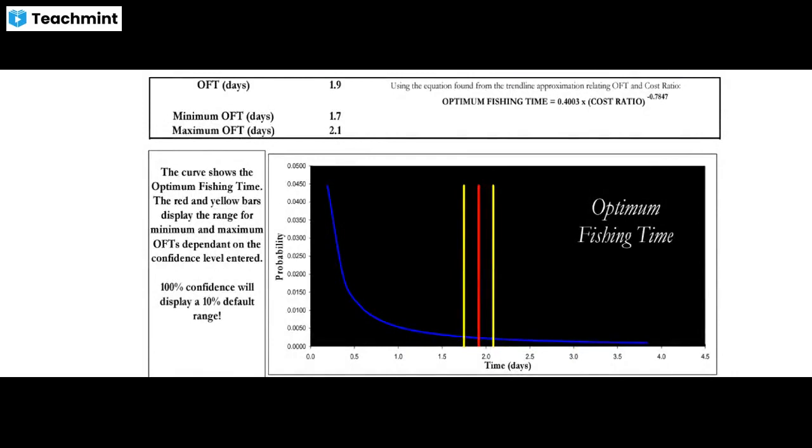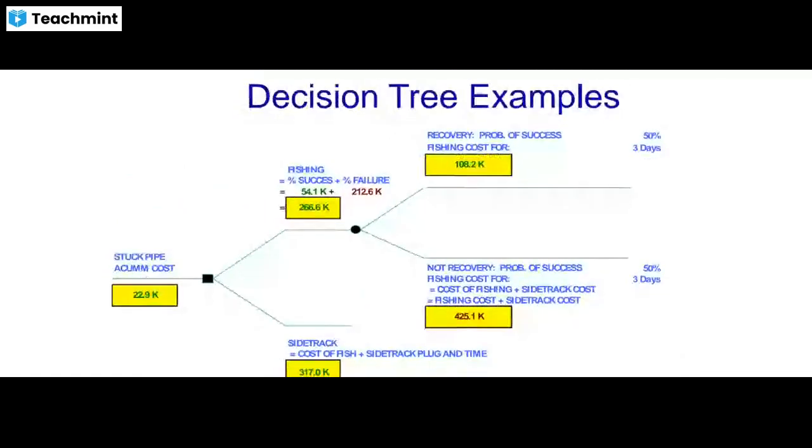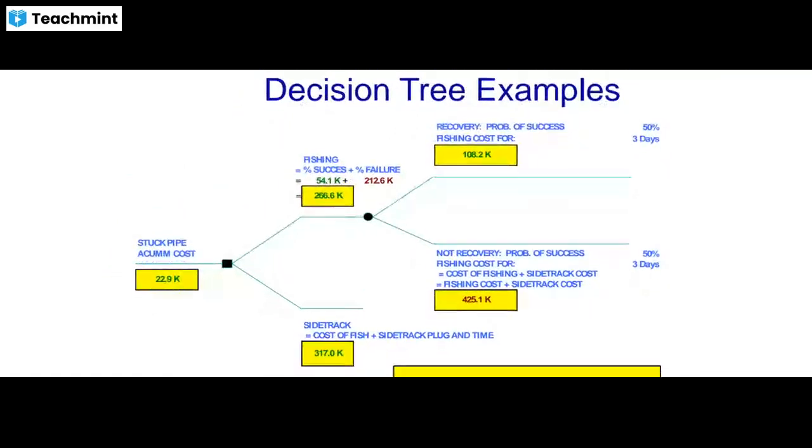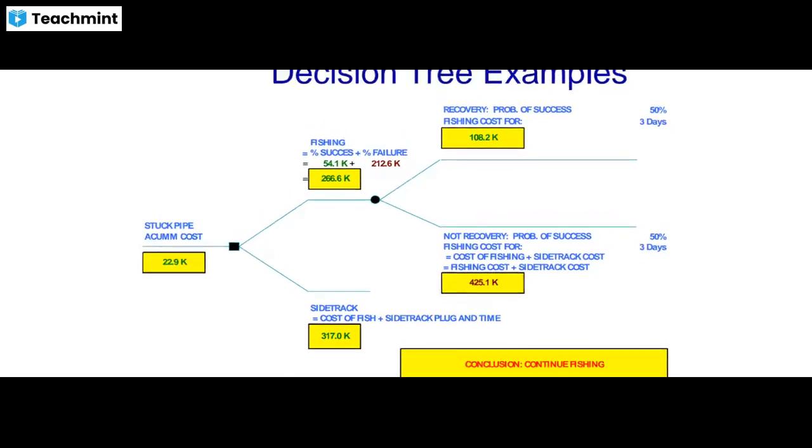Next slide. So this is your decision tree example. So you can see here the recovery, probability of success, fishing cost, fishing success, failure, stuck pipe, accumulation cost. Then side track equals cost of fish plus side track plug and time. Then conclusion, continue the fishing.